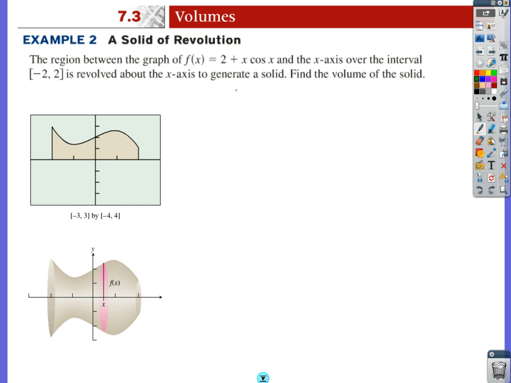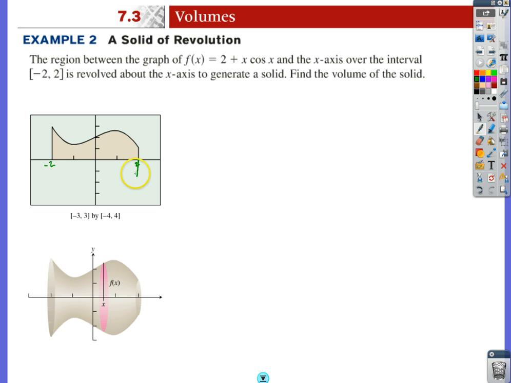As I discussed, the way you want to draw these is first draw the section that they want us to draw. So again, here is my -2 to 2. And then the next part is to draw the reflection of it.